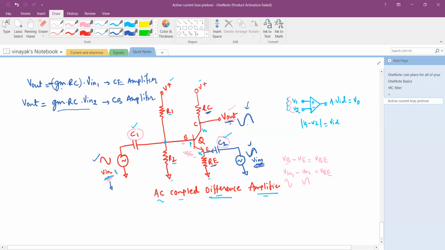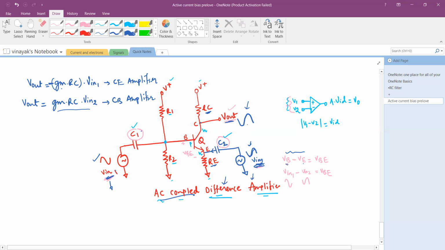Now, what about the input impedances of this circuit? Before I explain that, remember, this transistor is called a difference amplifier, and it is AC coupled because we are using the capacitors. It is a difference amplifier because this transistor is amplifying the difference between the voltages applied to its base pin and emitter pin.